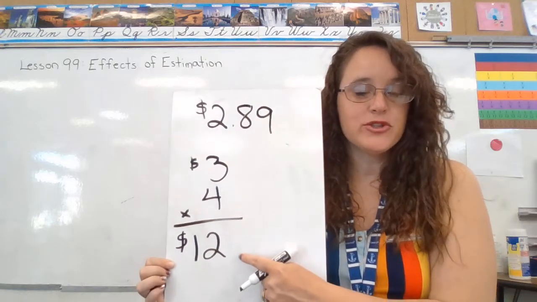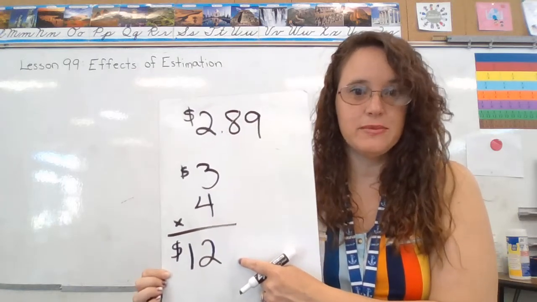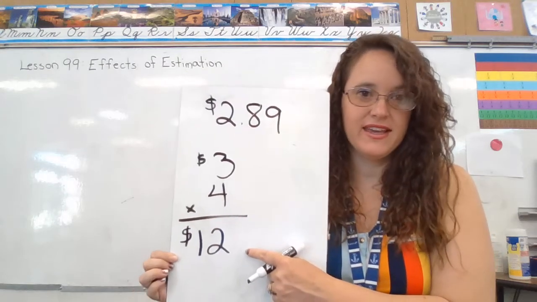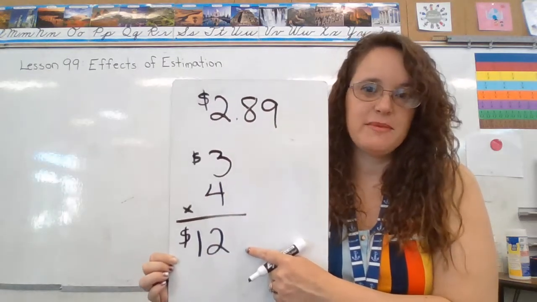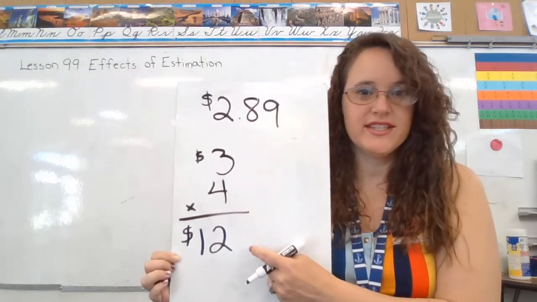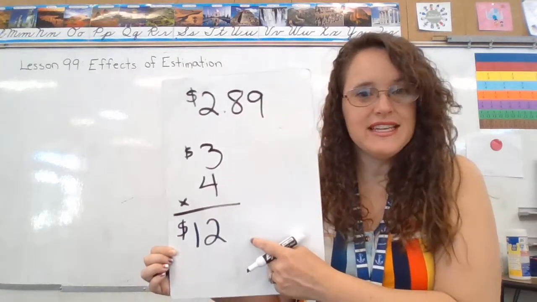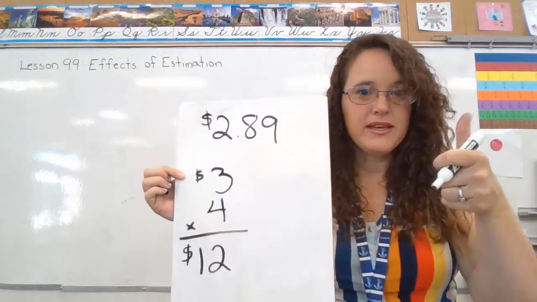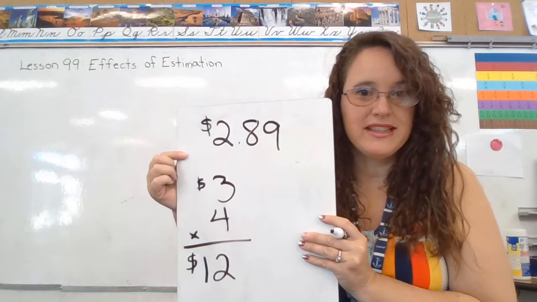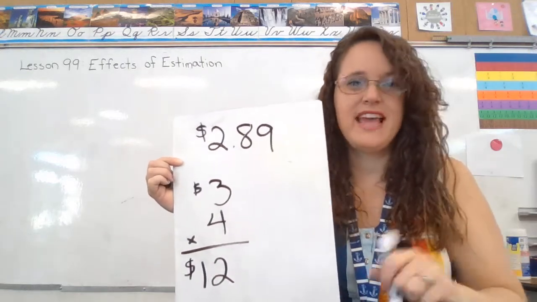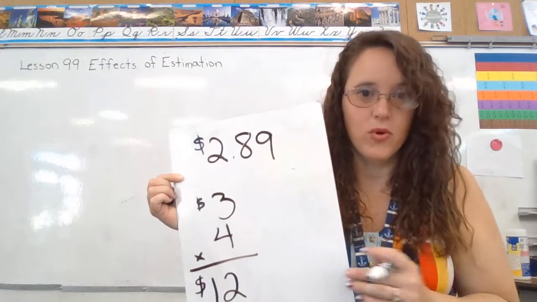So that means her total is going to be a little bit more than what she'll actually have to pay. So in reality, she's going to pay $11 and some cents, but she rounded that to $12 to make it easy to do in her head. So if you round up, the actual price will be a little less. If you round down, the actual price will be a little more.